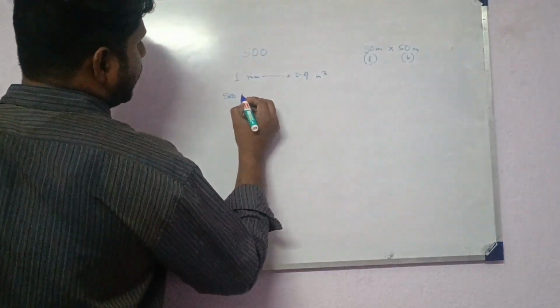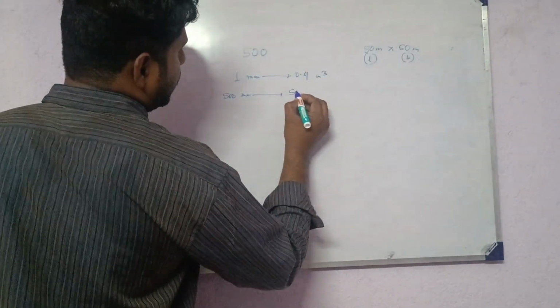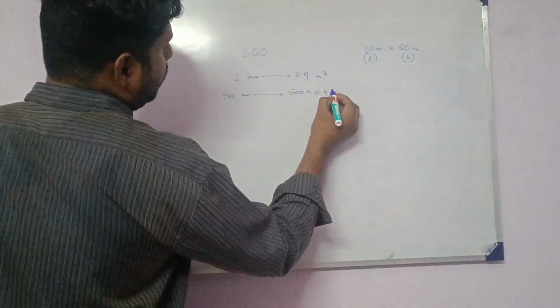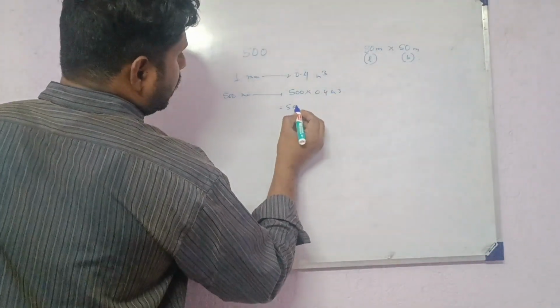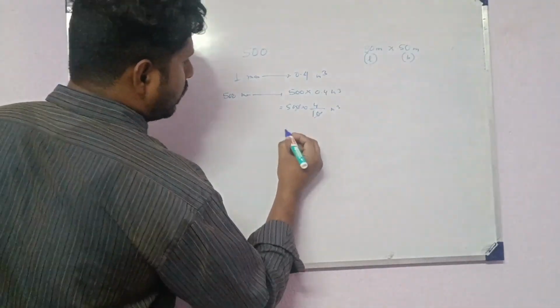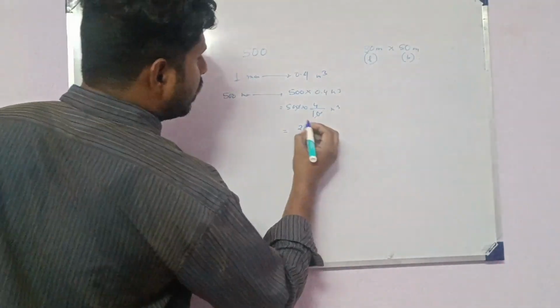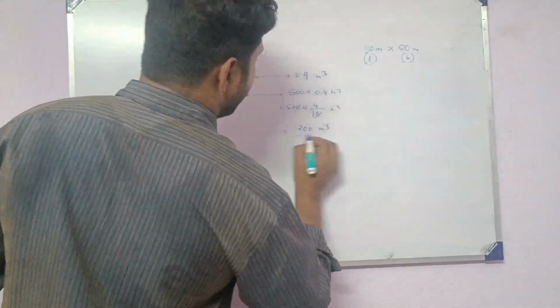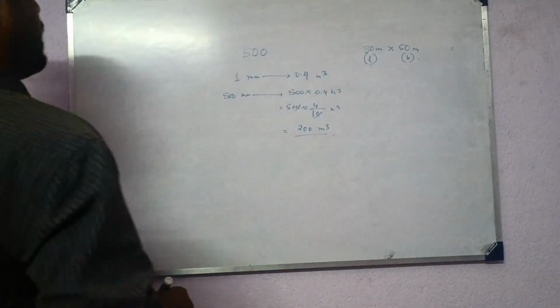So 500 men can definitely displace 500 into 0.4 meter cube, 500 into 4/10 meter cube, 200 meter cube of water can be displaced by 500 men.